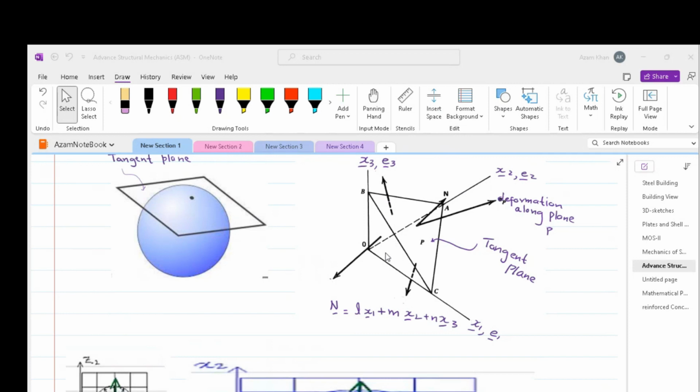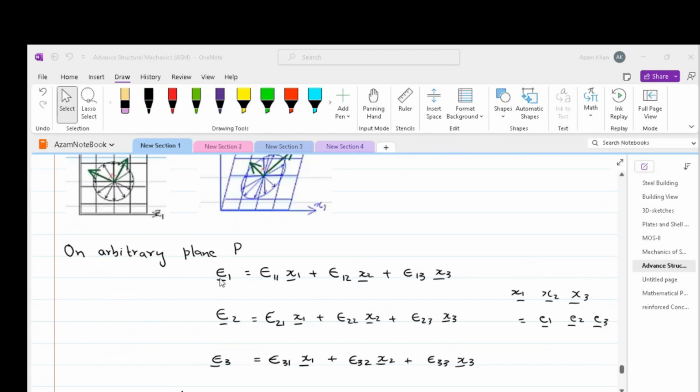We find out the resultant strain, strain 1, corresponding to this face as equal to the sum of three strains, one axial plus two shear. So the strain vector of the face having outward drawn normal in x1 direction is equal to the axial strain times x1 unit vector plus the shear in x2 plus the shear corresponding to the force in the x3 direction.